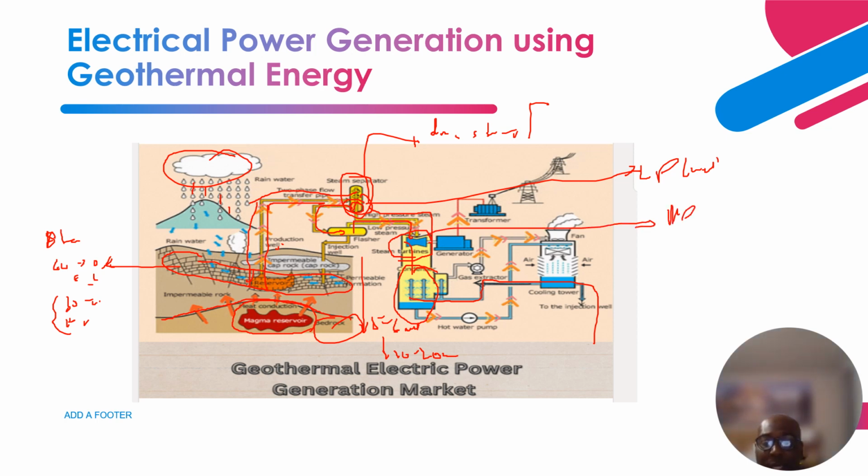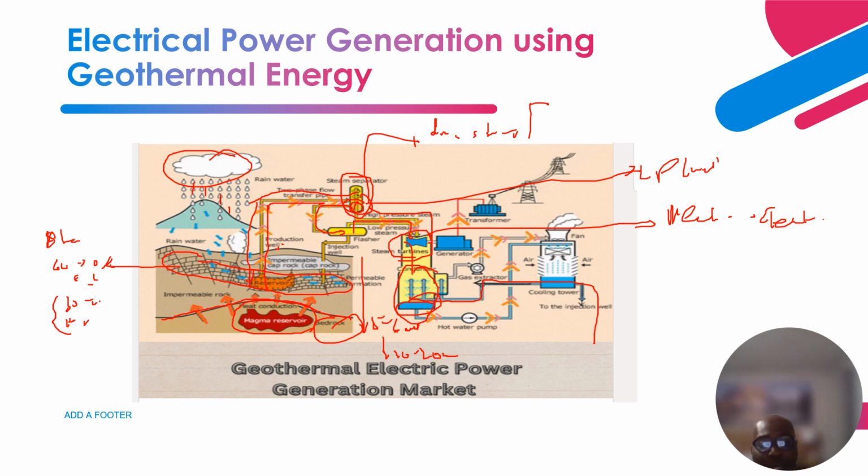Mechanical rotational energy is generated before electrical energy. Okay, so once the steam gets into contact with this cooling water that comes in, it collapses into water, right? Then it goes through a cooling tower, right?